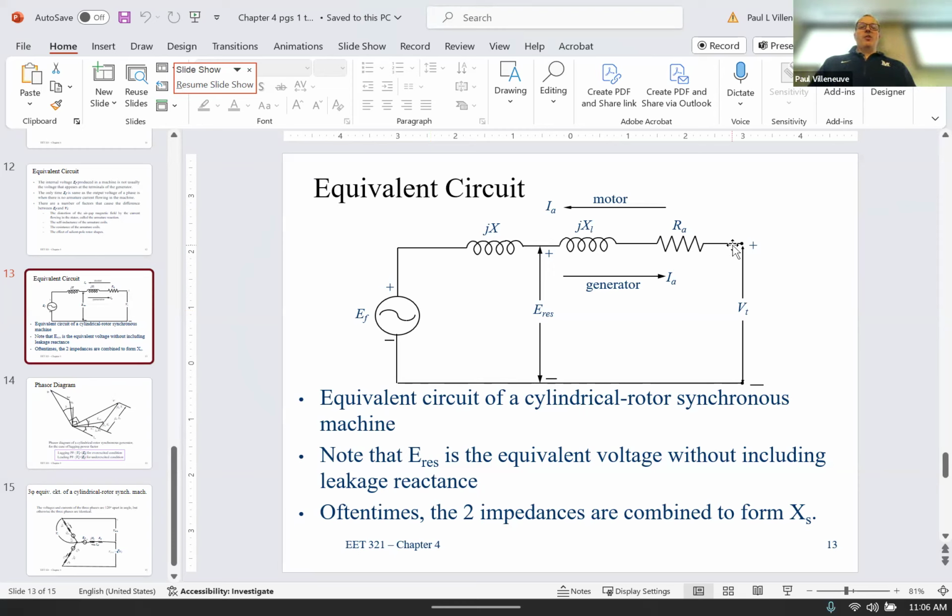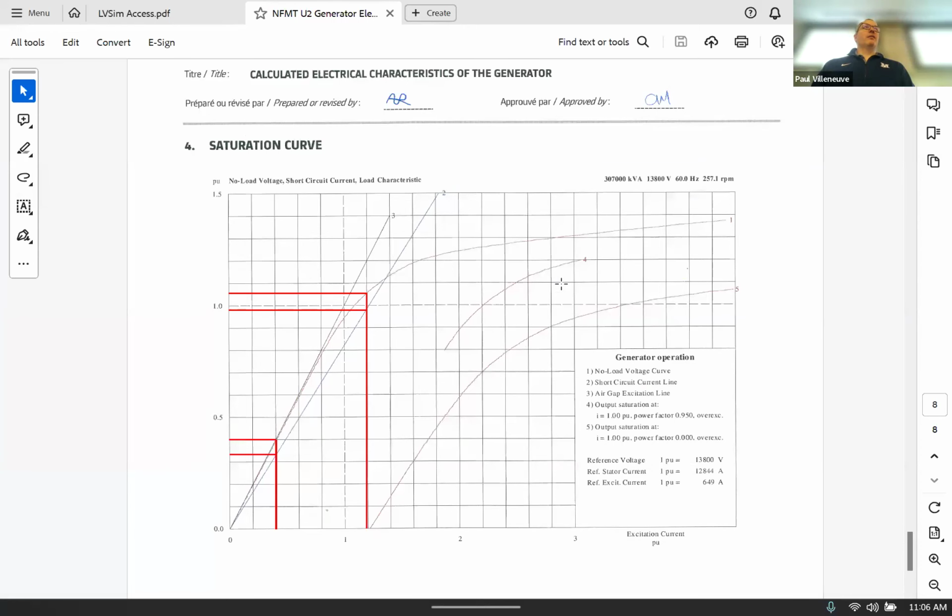If we put a short circuit over here and run it up to rated value, we measure a current here, right? And then we don't know what this voltage is. We can't measure it because we've got these internal voltage drops. But what we can do is build a curve.